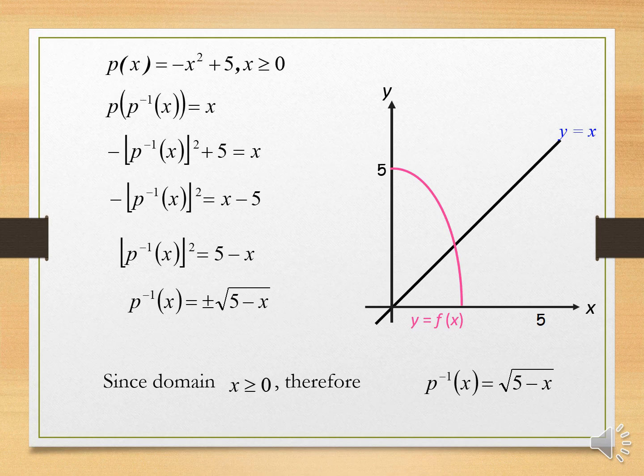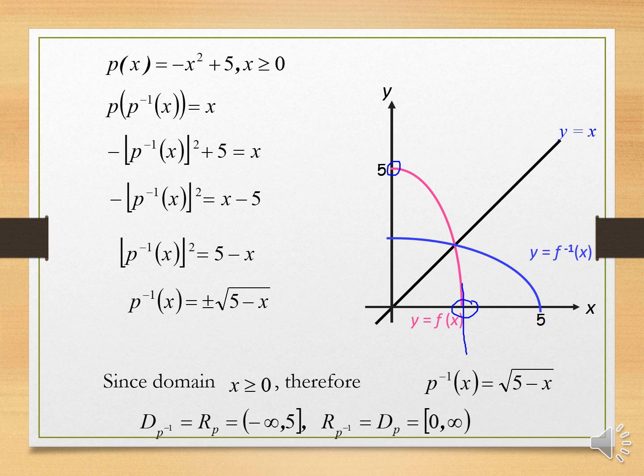Sketching the graph, this is the graph of p(x). When x equals 0, we get y equals 5. And when y equals 0, we get x equals square root of 5. And actually the graph is continuous like this.